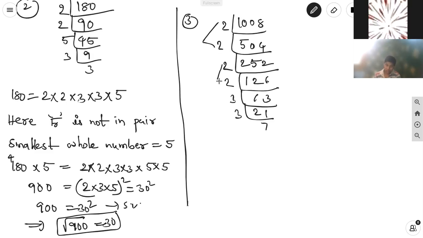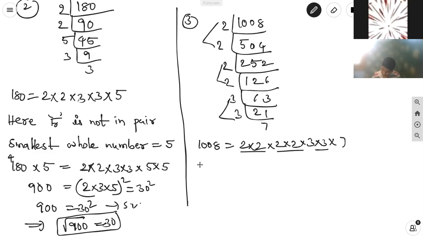Now 2s are in pair, but 7 is not in pair. So 1008 can be written as 2 into 2 into 2 into 2 into 3 into 3 into 7.